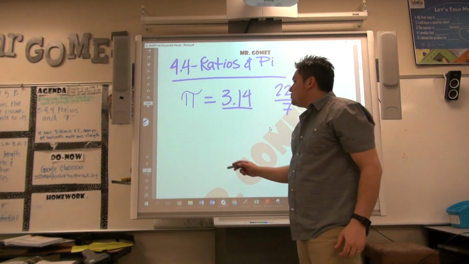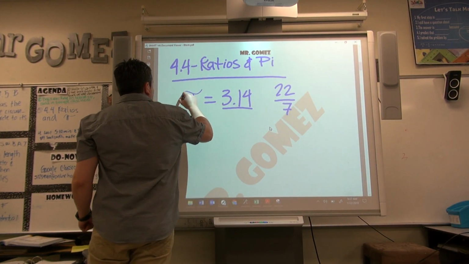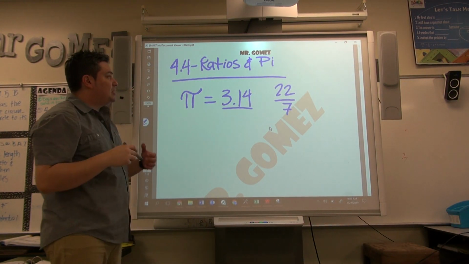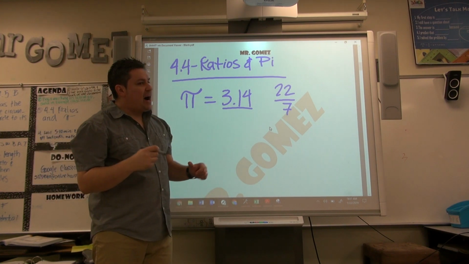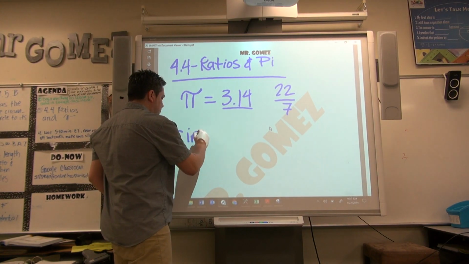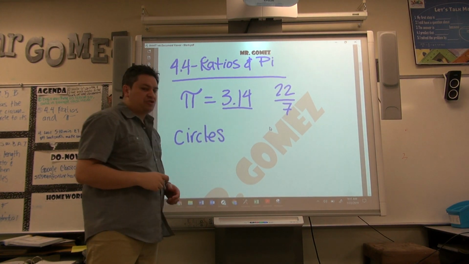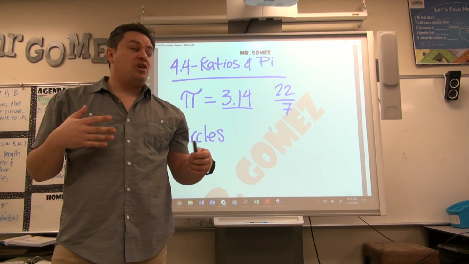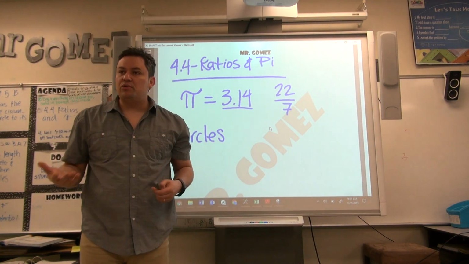Okay, so pi. A few things before we go into the actual lesson. Ratios and pi. Pi is specific for circles. For circles. And since we're gonna be talking about ratios, what do you think we're gonna be doing with the circles?